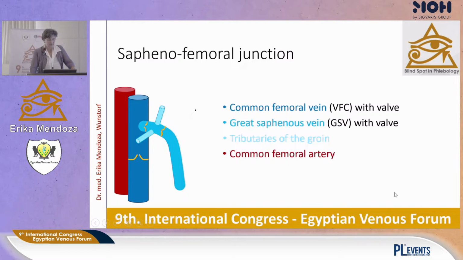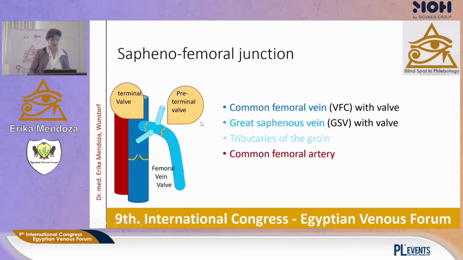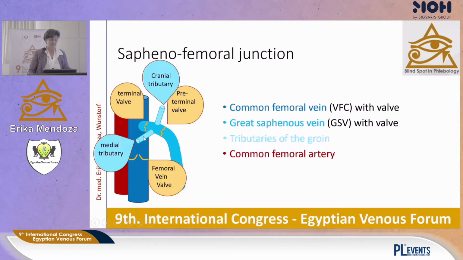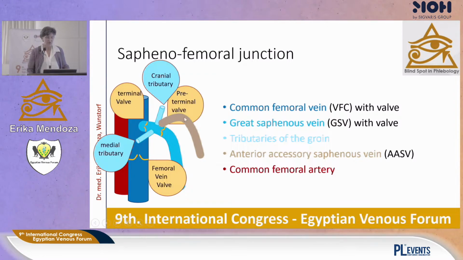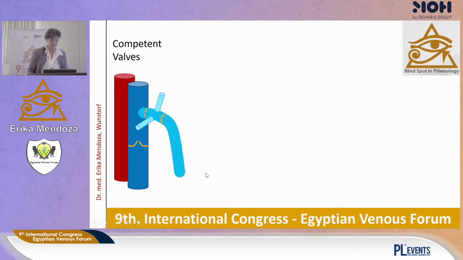You see here the common femoral vein, the artery, the great saphenous vein and the tributaries, with the terminal valve, the preterminal valve and the femoral valve, and the cranial tributaries and the medial tributaries, and all these compose the saphenofemoral junction. There are so many variations, and there are also further veins that can be refluxed, not only the saphenous vein, but also the anterior accessory saphenous vein.